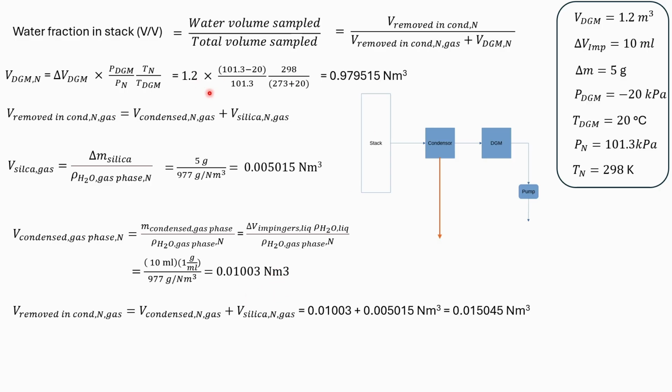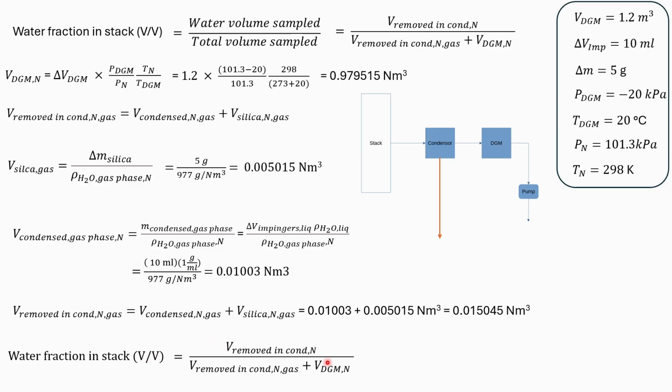And now at the end, we have to add those two terms together as per this equation. So the water removed in the condenser is the sum of the water removed by condensing it in the impingers plus the water that's entrapped on the silica gel. We do that, and it gives us the total water we removed in our condenser. And now back to our initial goal, we want to know the water fraction in the stack.